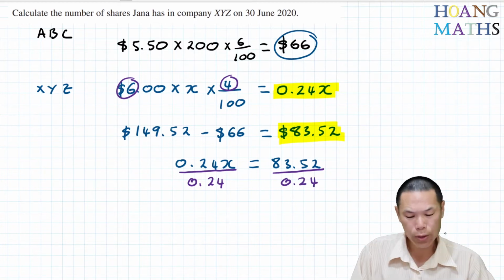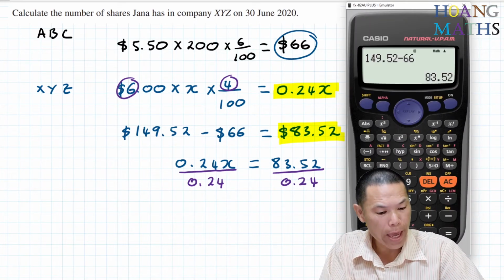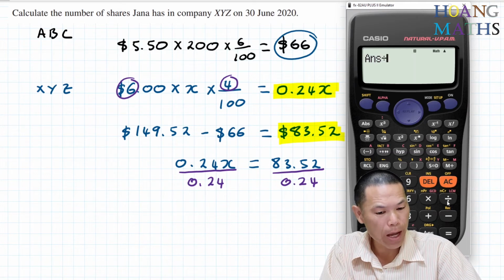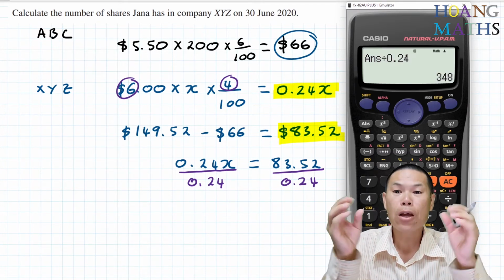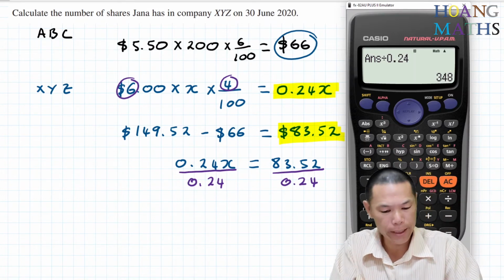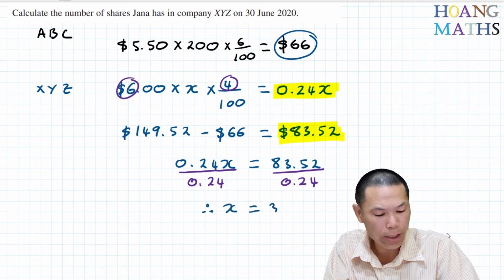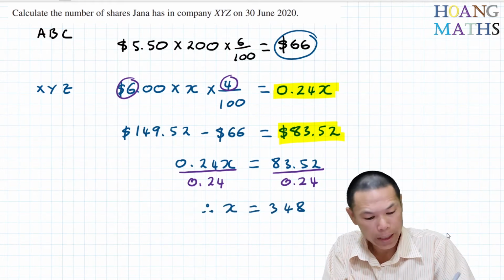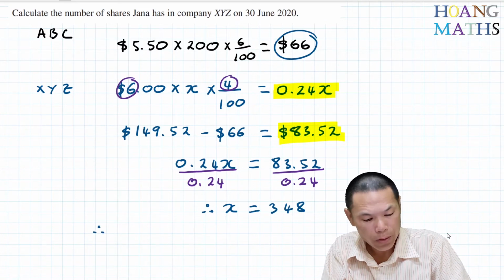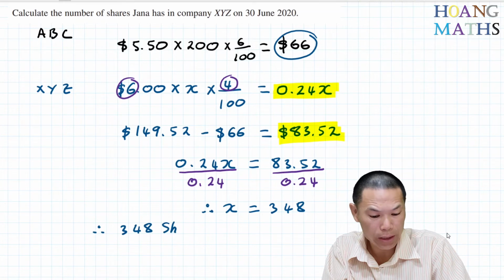So there you go, I go answer divided by 0.24, and that is 348. Therefore X is equal to 348. So therefore, 348 shares.